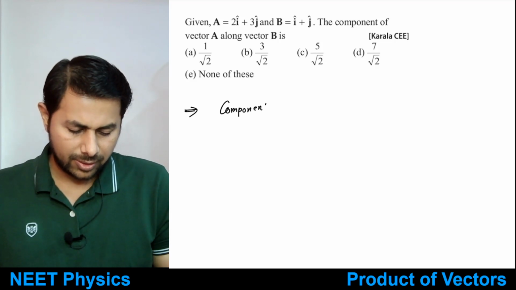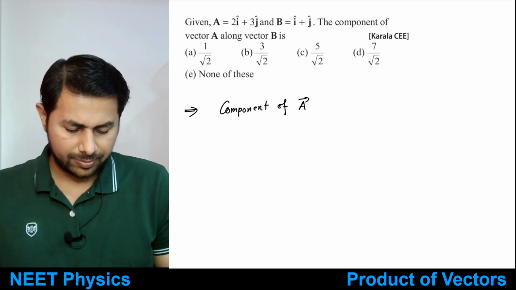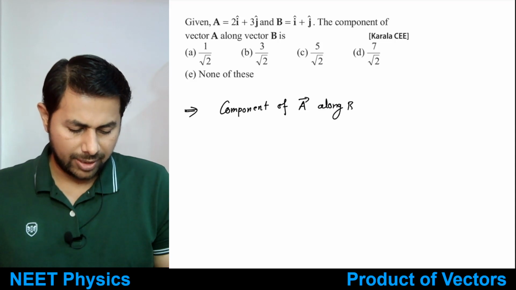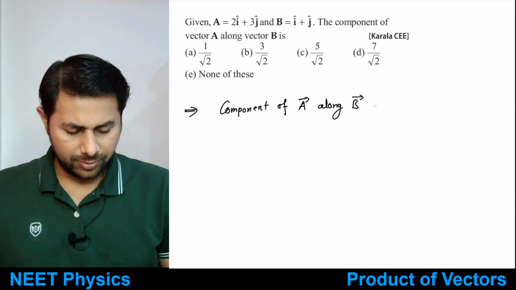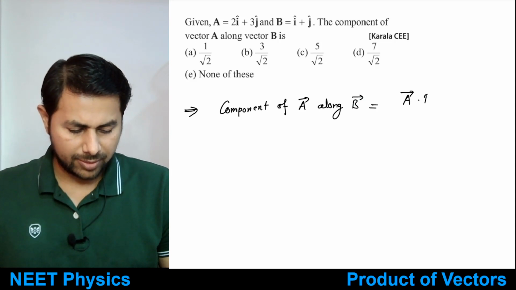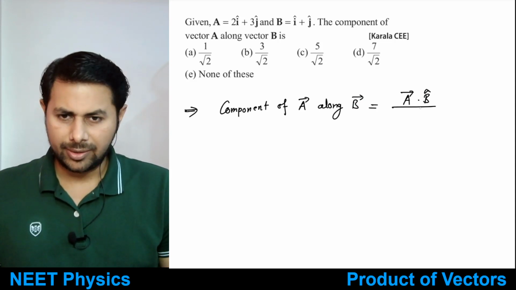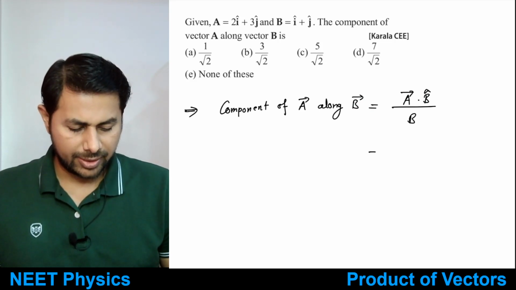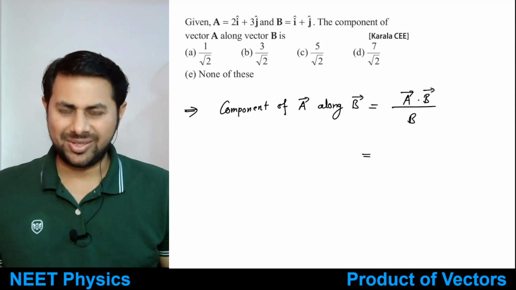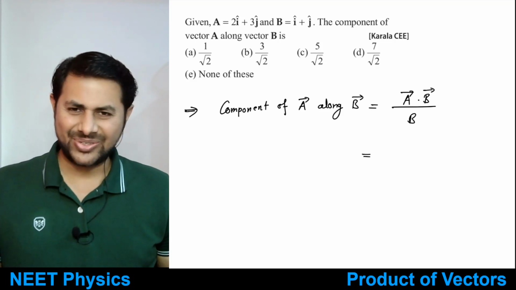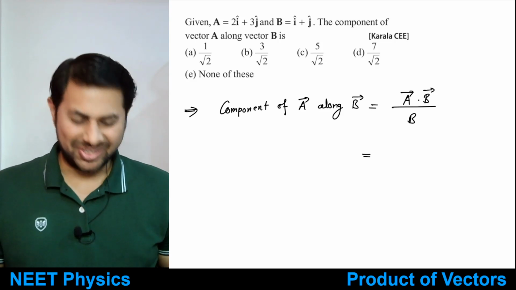Component of a bar along b bar is just equal to a bar dot b cap, divided by... Oh, sorry, a bar dot b bar divided by b. So I wrote b cap also, and I am dividing by b, sorry.